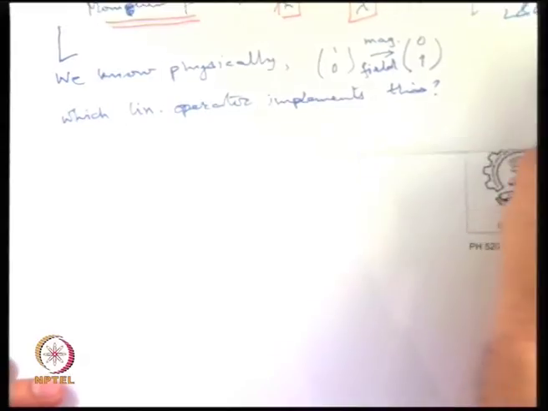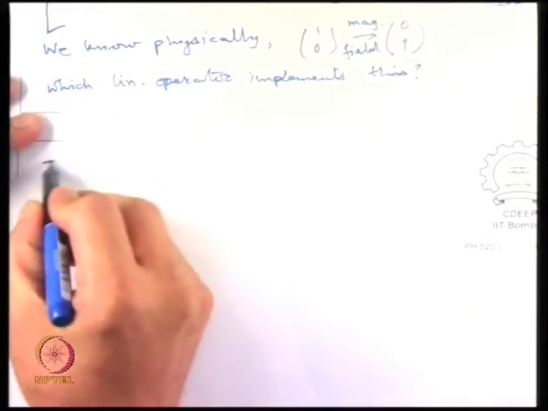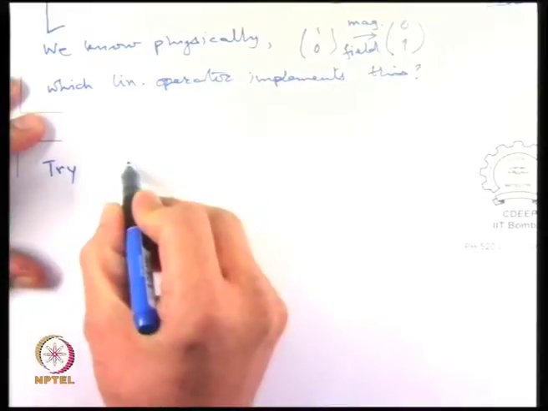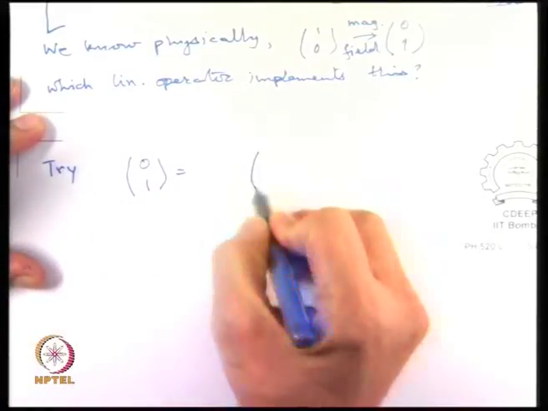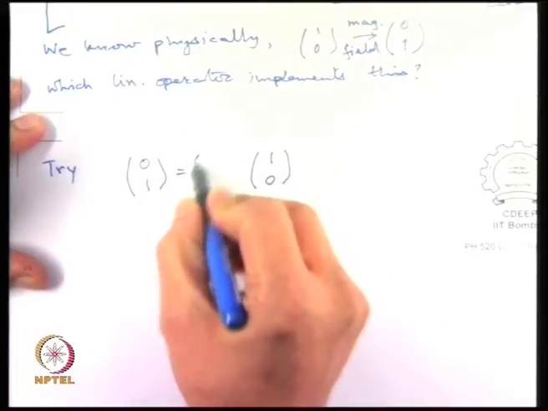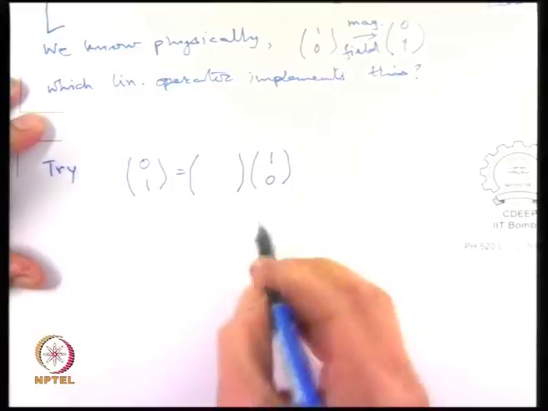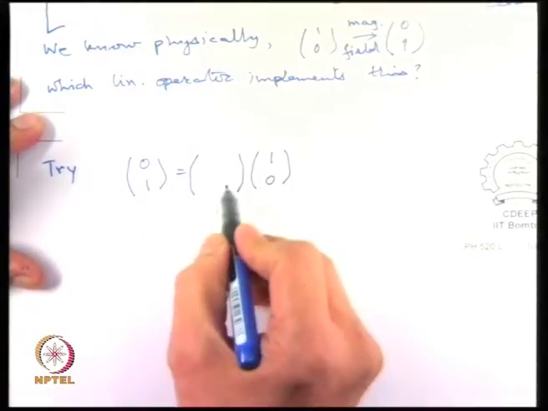So how do we get from down to up or up to down? We apply a lowering operator, equal to something acting on 1, 0. And obviously this can be done by this row into this column.